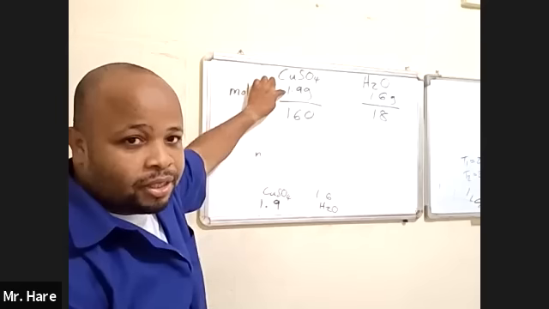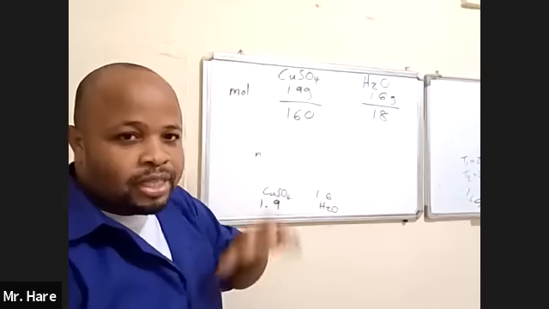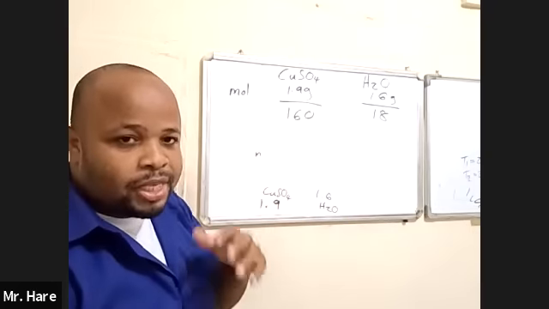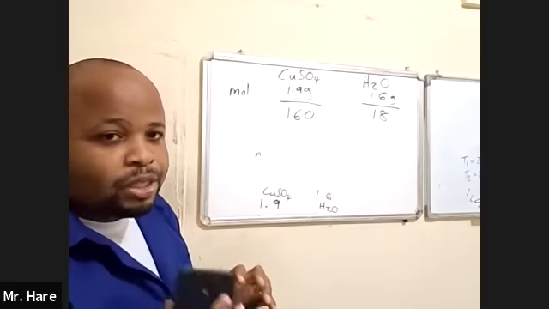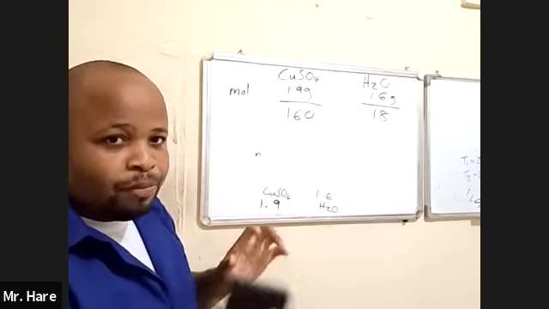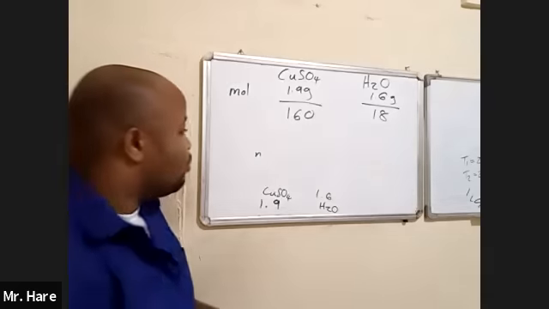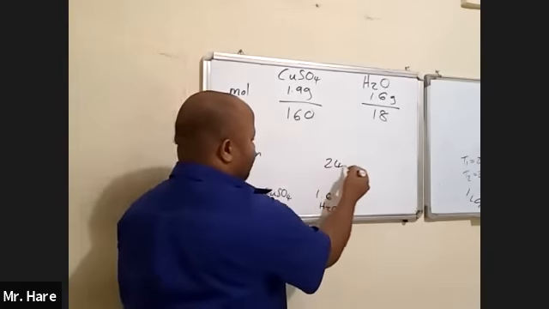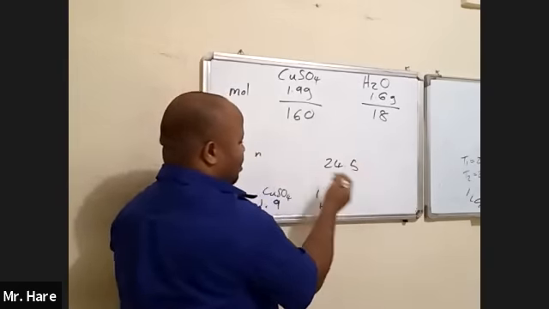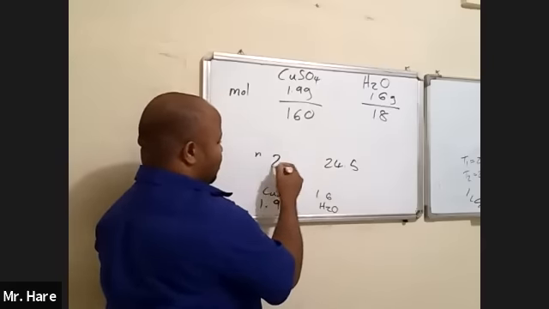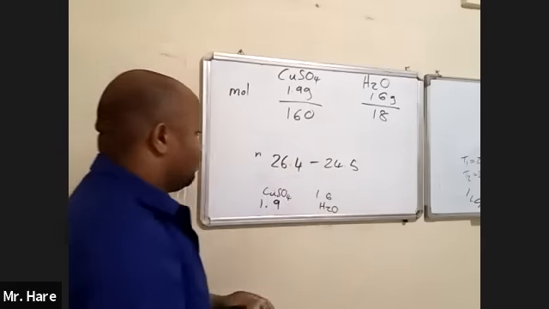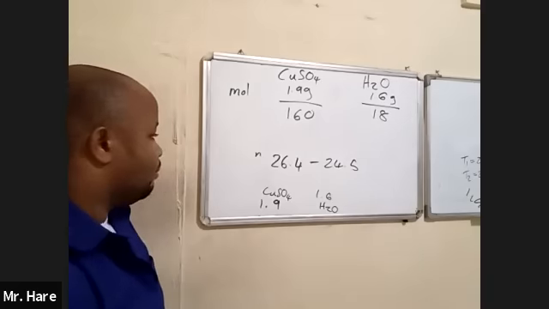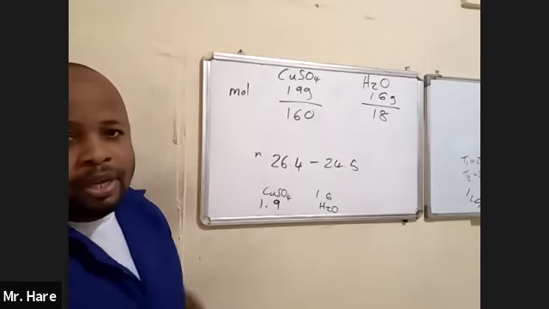So this mass here is for the anhydrous, which is the mass of the crucible with the salt after we heated it. And we subtract the empty crucible from that mass. So the empty crucible was 24.5 grams. And we said after heating, it was 26.4. So we end up with the 1.9.